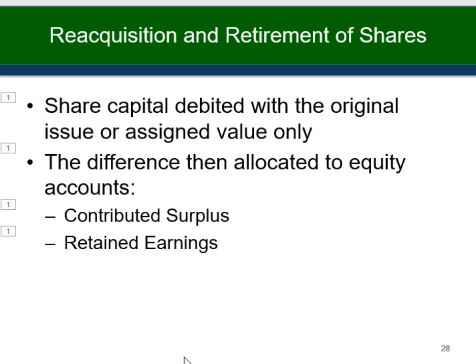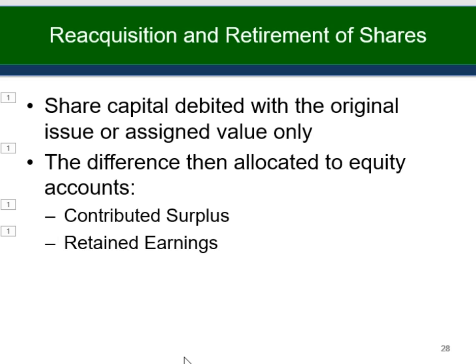One is if there's par value shares, but we've basically said we'll leave that to you to investigate. Contributed surplus can also result from transactions between the firm and the market. So if they're basically making money by buying back the shares, that gain gets included in contributed surplus. It's not an income gain; it's purely in the equity accounts. And of course, retained earnings.